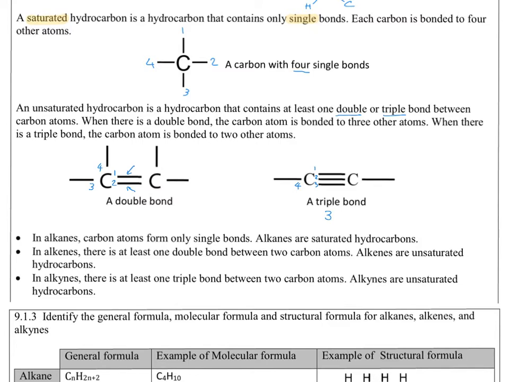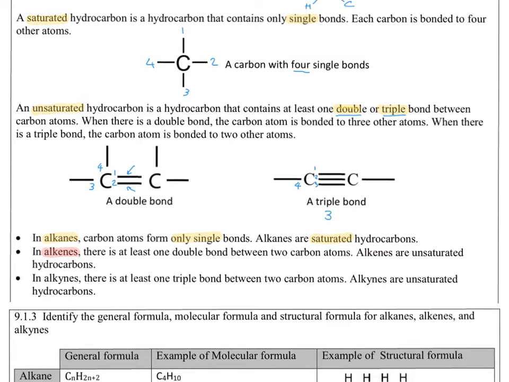So if it's got a double or a triple bond, then it is unsaturated. Now we're going to learn the terms for different families. We have an alkane family. Alkanes are when the carbons only have single bonds. These are saturated. Then we're going to look at alkenes.